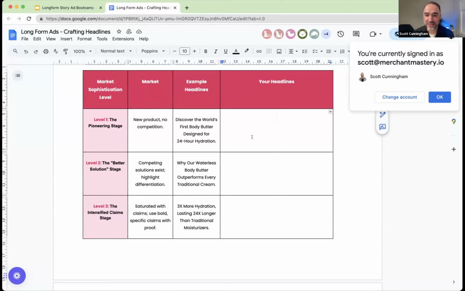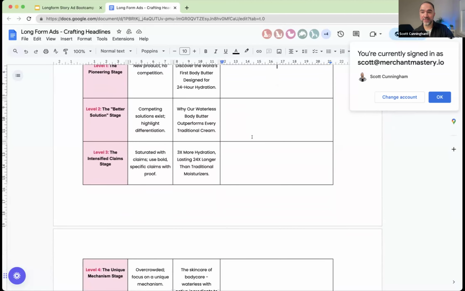Okay, and then the better solution stage. There are temporary tattoo companies, so it's like finally temporary tattoos that are specifically catered to runners to get them through races. The intensified claims: we've helped 90 racers finish 90% of their races in the last 3 months.